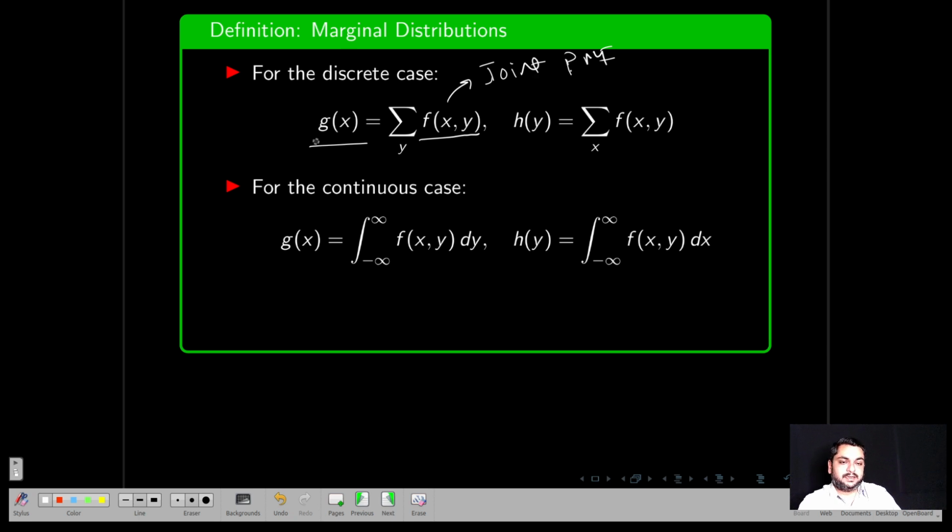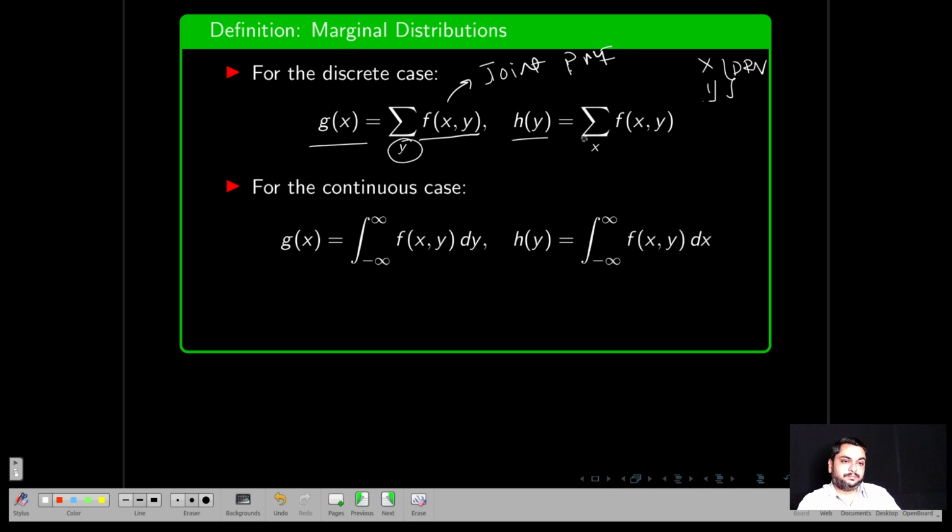Let us represent it by g(x). The marginal probability distribution g(x) is obtained by summing the joint PMF over the values of y.